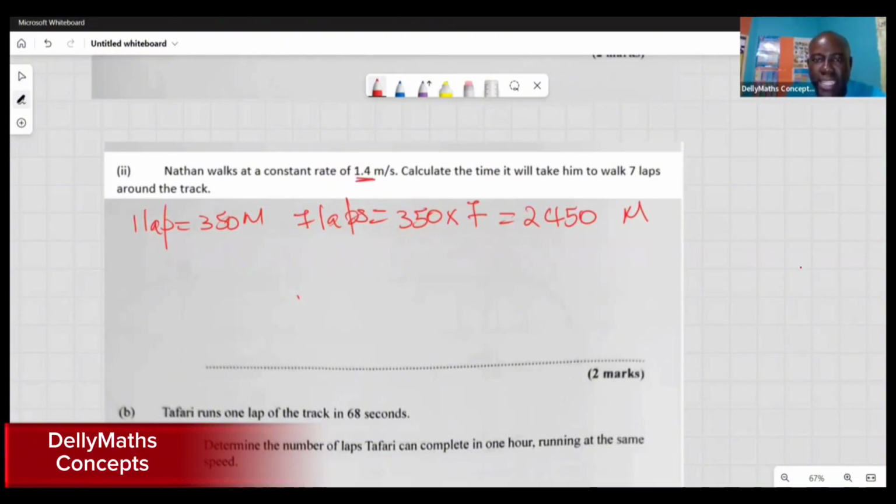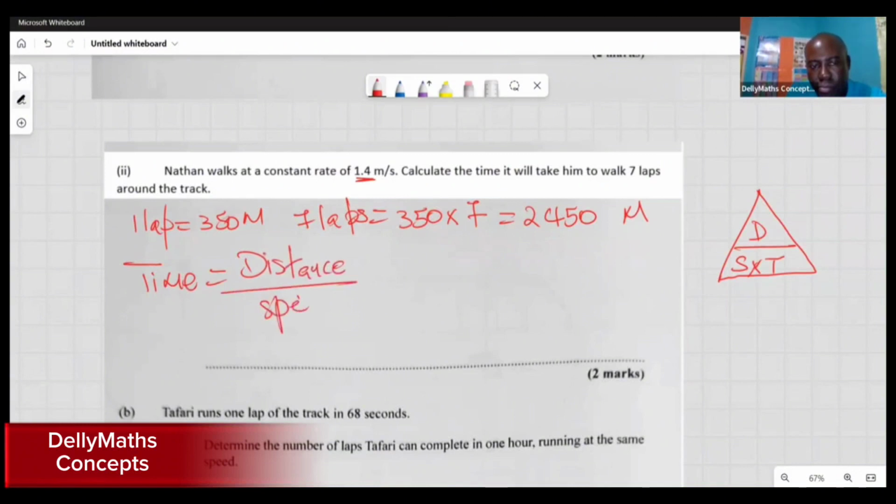All right, so the question is calculate the time. Remember the magic triangle. Magic triangle says that distance is equal to speed times time, so we can utilize it. Time is equal to distance over speed.